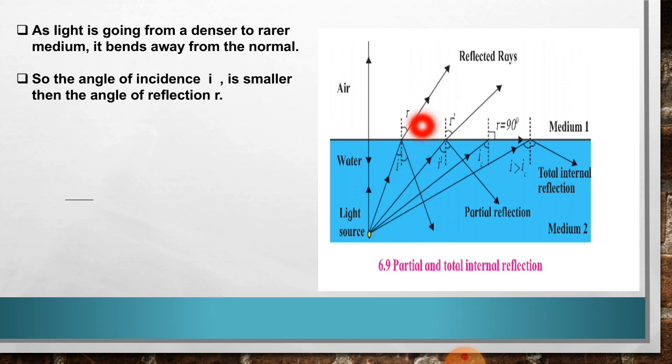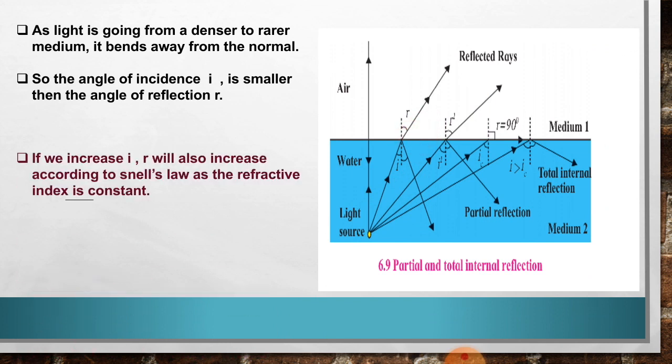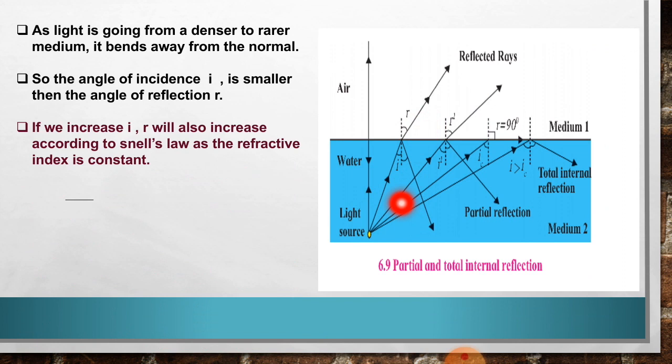Okay, not refraction, angle of reflection, that is R. So if we increase I, here you can see the increase in I takes place for this third ray and this fourth ray. That means if we increase I, the angle of incidence, R will also increase according to Snell's law, as the refractive index is constant.